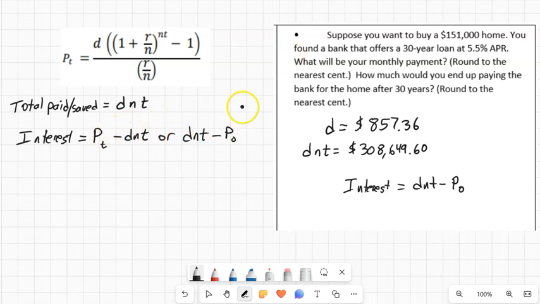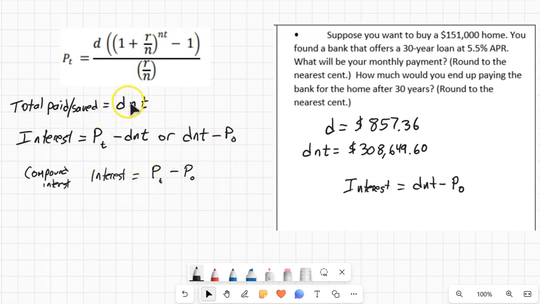And also for compounded, it would be interest equals the larger P sub t minus the smaller P sub 0. There's no DNT because there's no D because it's just a one-time deposit.